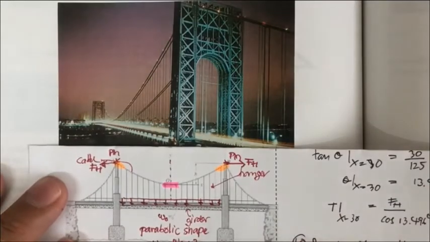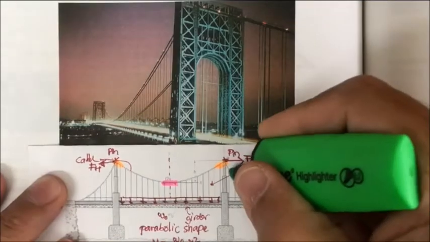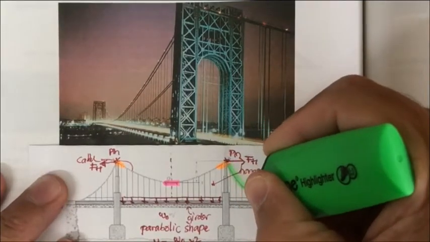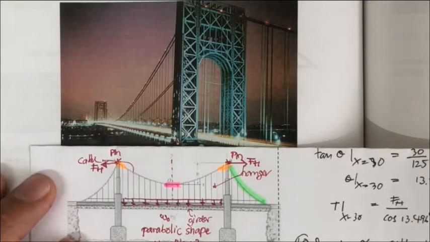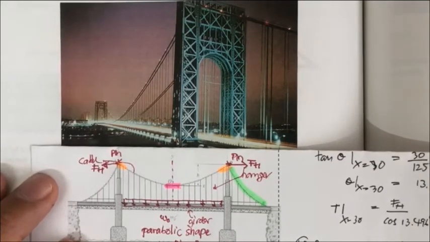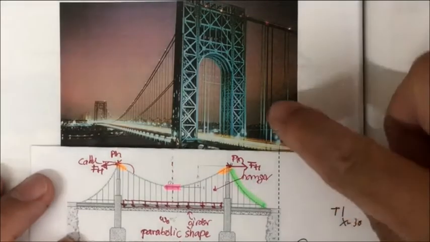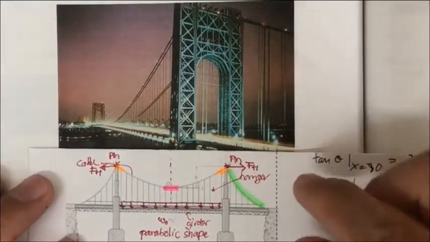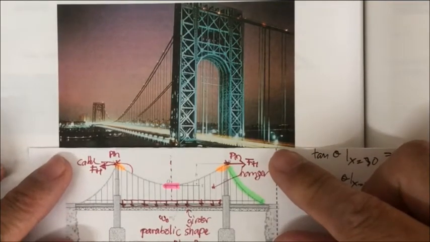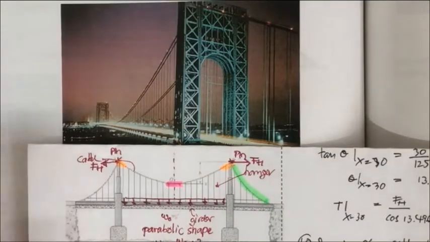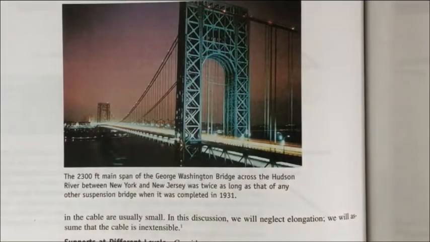The rest of the cable is going to be another problem that we will calculate later. What I'm doing is trying to link the real structure and what we are going to model for our computation. Let us go to the example that we have here.